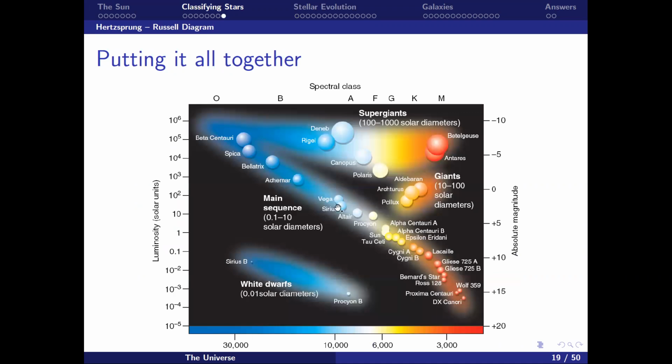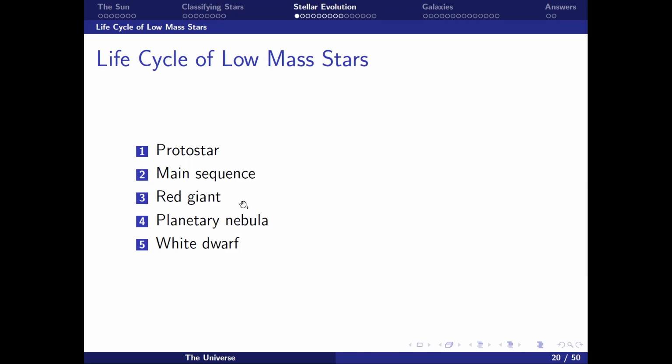So this middle line on the Hertzsprung-Russell diagram, that's the main sequence. It's where the majority of the stars are. Then it eventually turns into a red giant. So it gets real big in size, but it cools down because it turns red. And eventually it'll turn into a planetary nebula and possibly a white dwarf.